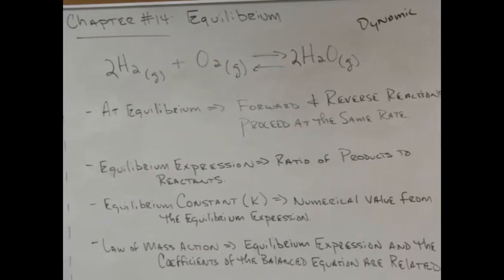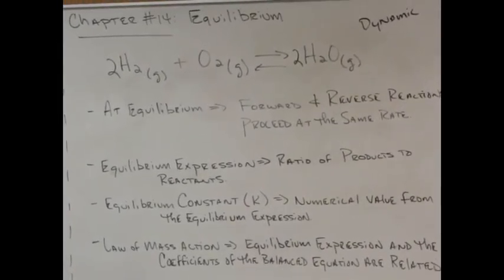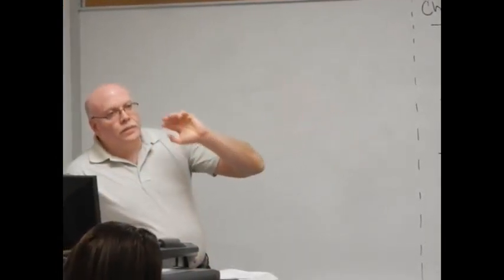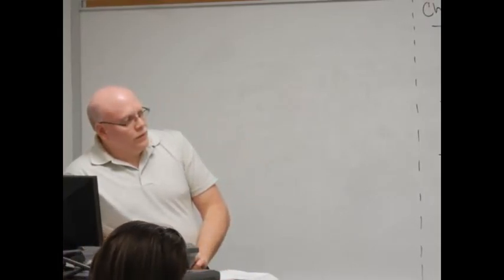Let me show an example using the rules that we just laid out. Again, once you know one, you can use them in the other cases. You know the forward, you can find the reverse. You know one, you can find it if you multiply the whole thing by a constant. If you have 2 reactions you're adding together, all you have to do is multiply together the equilibrium constants.